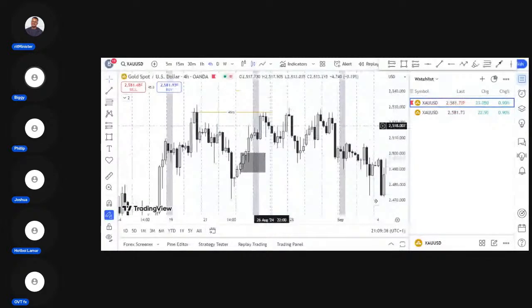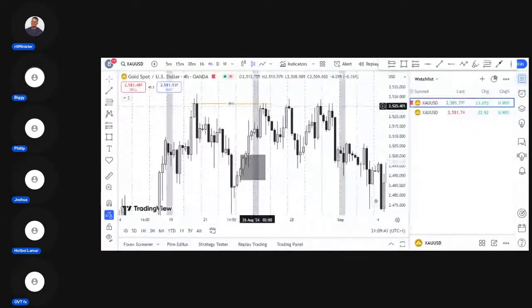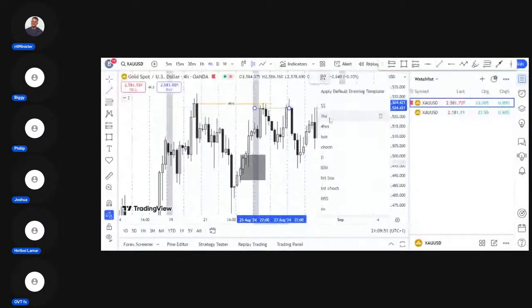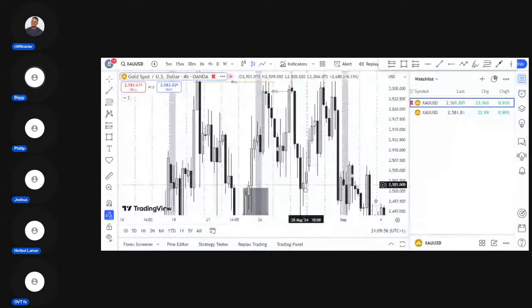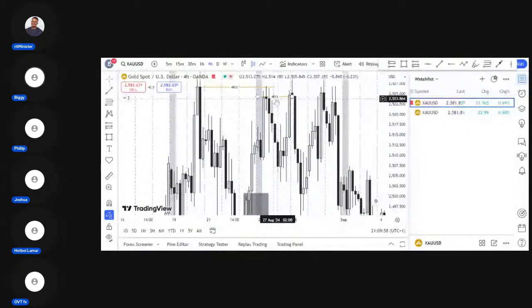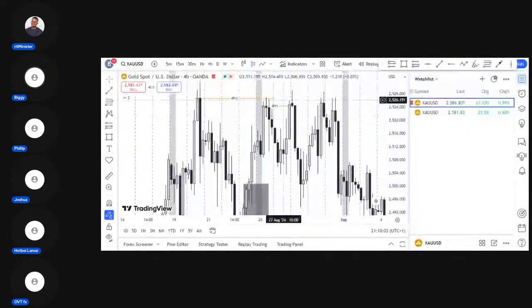And then another example is at this point here. On Oanda, you can see that the market violated this 4-hour zone here. And you guys know that most times once price violates a 4-hour zone, most of you want to just be buying because you know that the 4-hour zone has broken.